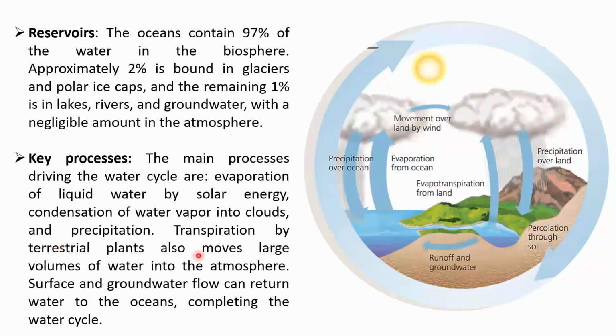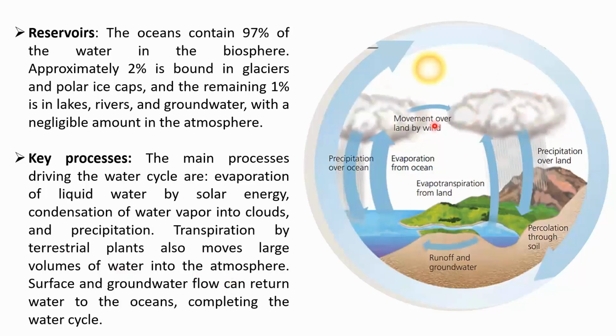Then transpiration by terrestrial plants is one of the important processes that moves a large volume of water into the atmosphere. Processes like transpiration and evaporation lead to the movement of a large amount of water into the atmosphere.